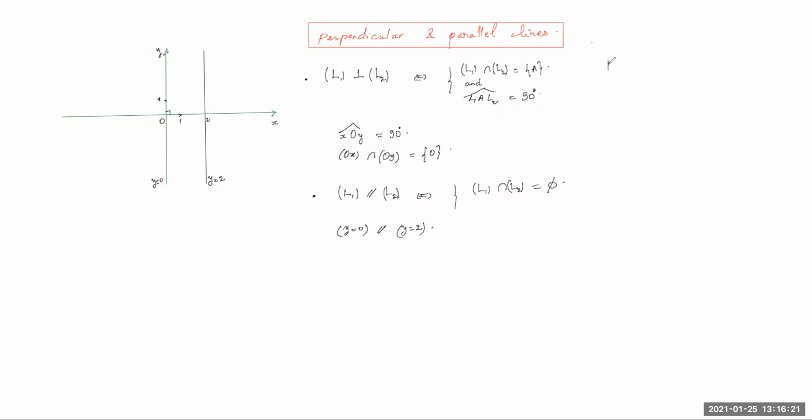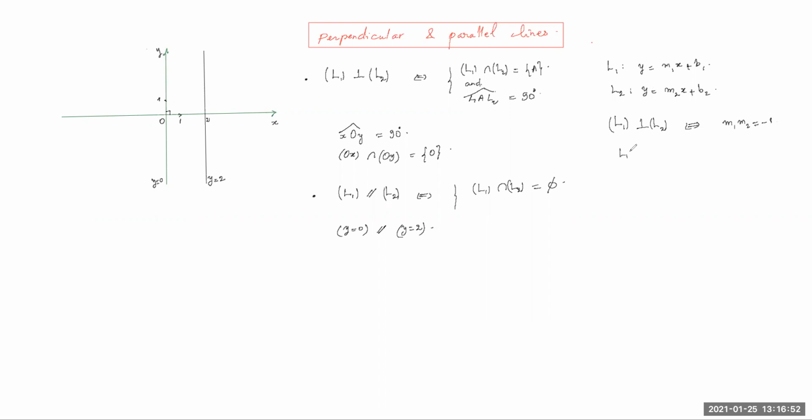If we have L1 as y equal m1 x plus b1, and L2 as y equal m2 x plus b2, then L1 is perpendicular to L2 if and only if the product of the slopes equals -1.